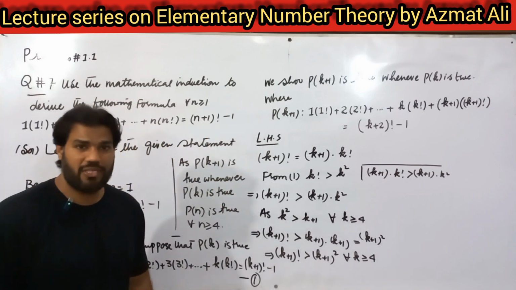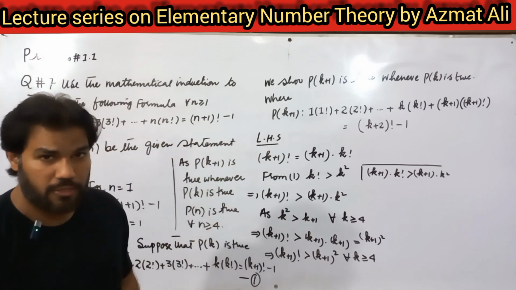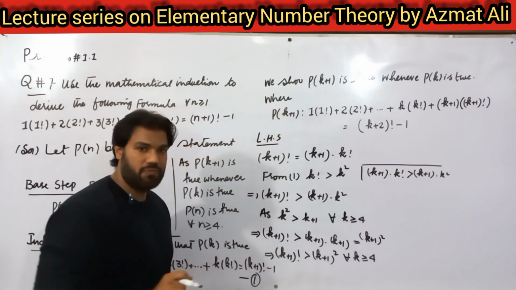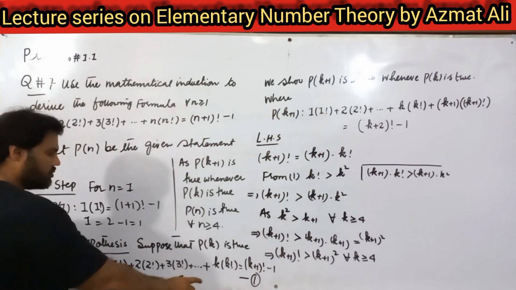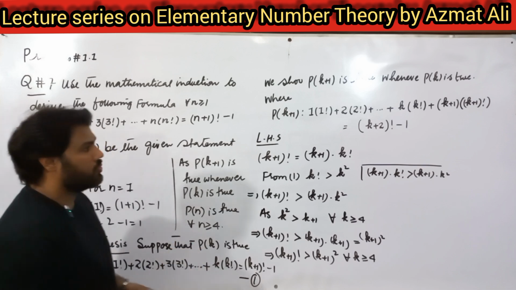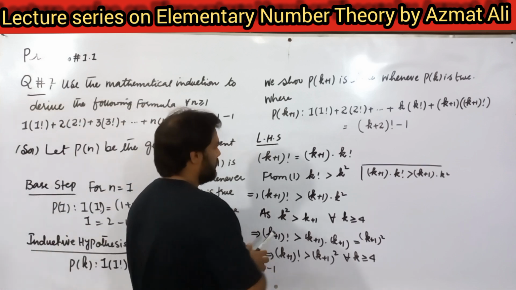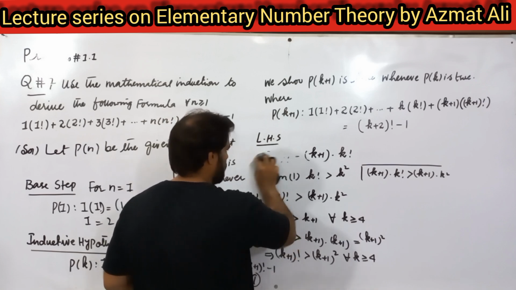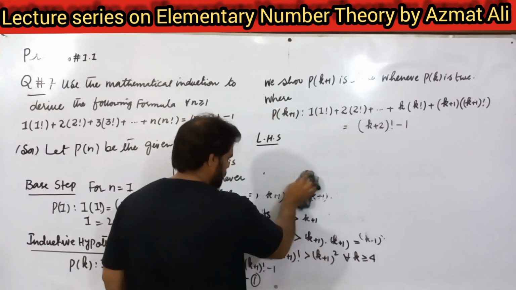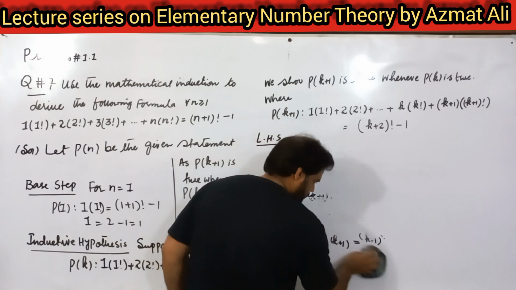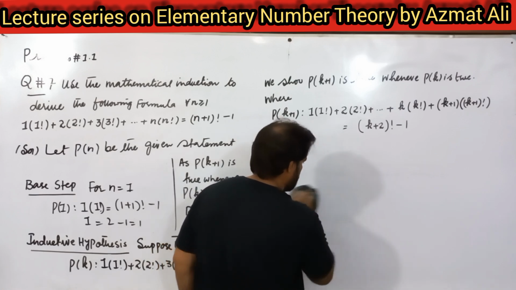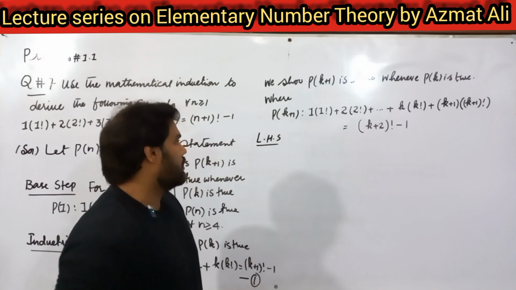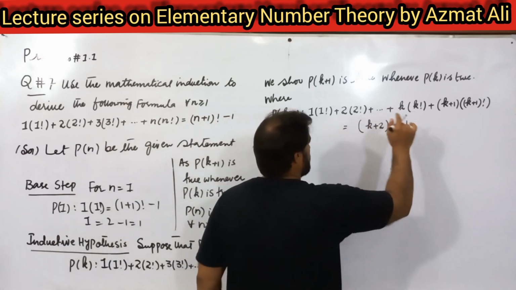Now I will use the same strategy that I have used in the previous question. I will take the left side of this, and I will use equation number 1 here. Okay, the left-hand side is this.